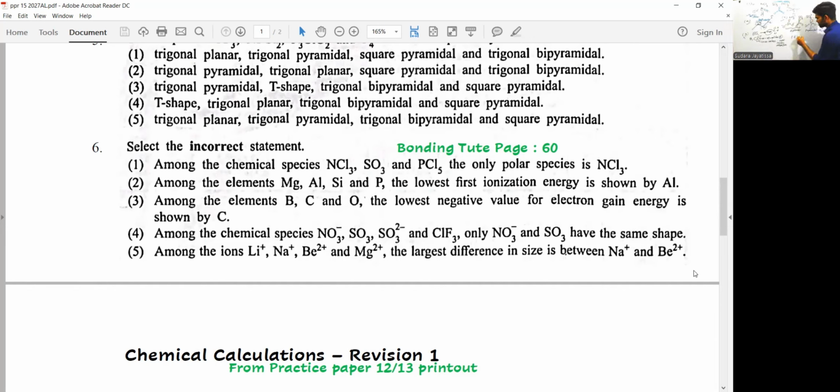So let's write them. Lithium plus, sodium plus, beryllium 2 plus, and magnesium 2 plus. So the largest difference is between sodium plus and beryllium. Now these ions are kind of reminding us of a previous theory.